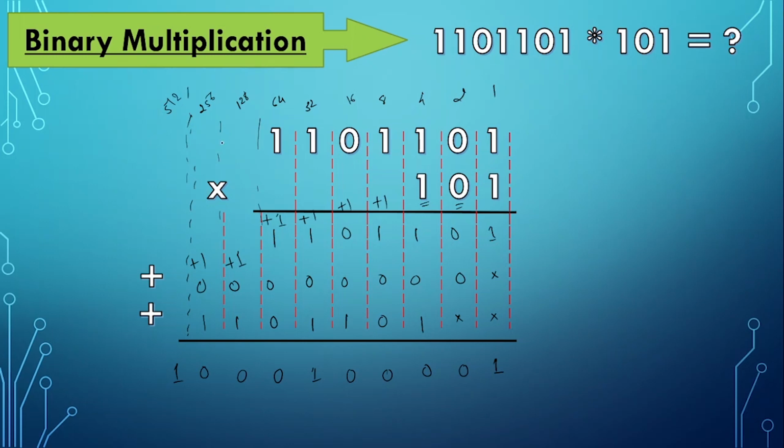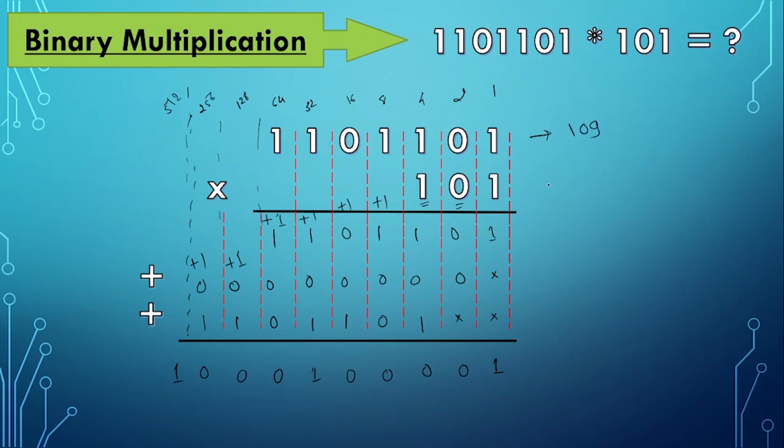Okay, so our first number is 2 plus 4, 4 plus 1 is 5, 5 plus 8 is 13, 13 plus 32 plus 64. So our first number is 109.